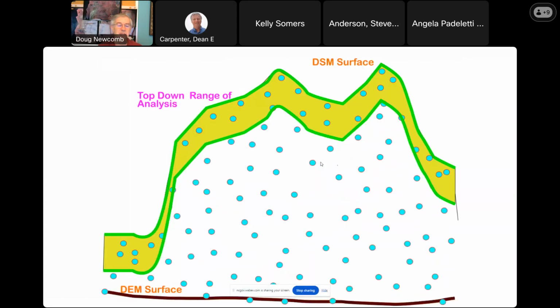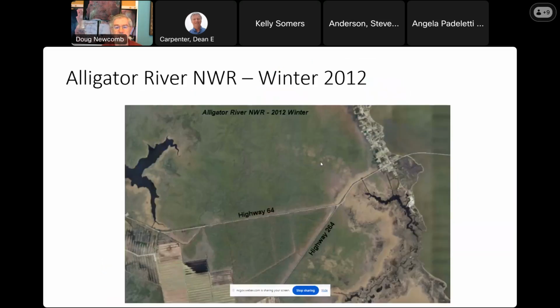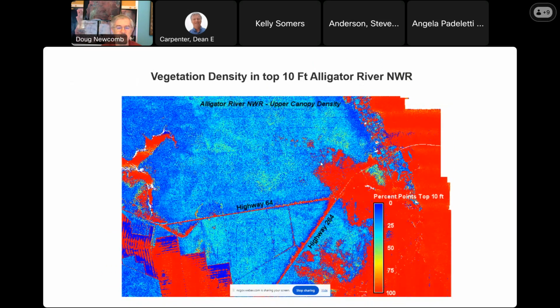And the other way you can go is top down. You can look at the top of the canopy. You do a digital surface model, which looks for the first hit from anything, the ground, the top of a building, or the forest. And then you can look down from that. For example, here's an area on the Alligator River, and this is the vegetation density in percentage points in the top 10 feet.